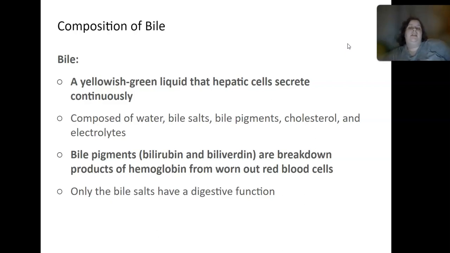Your bile pigments, such as bilirubin and biliverdin, are breakdown products from your hemoglobin, which is in your blood, from worn out red blood cells. And so the only part that has any digestion is your bile salts. Nothing else in your bile can aid in digestion.